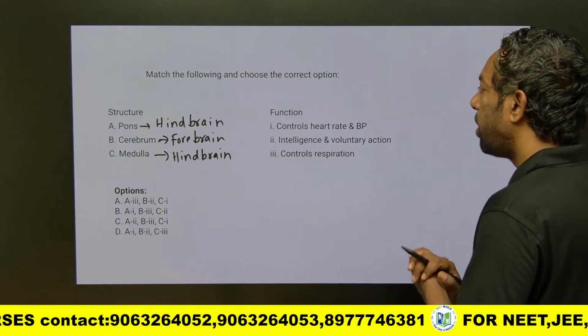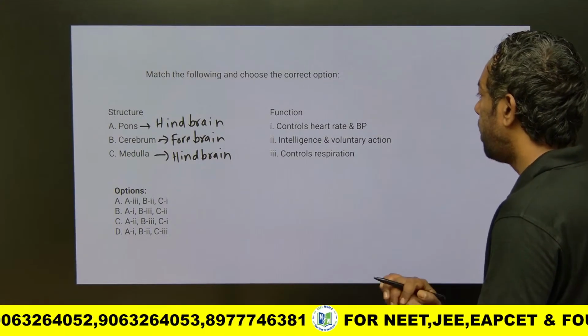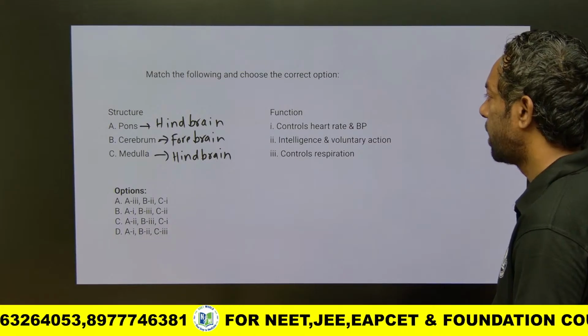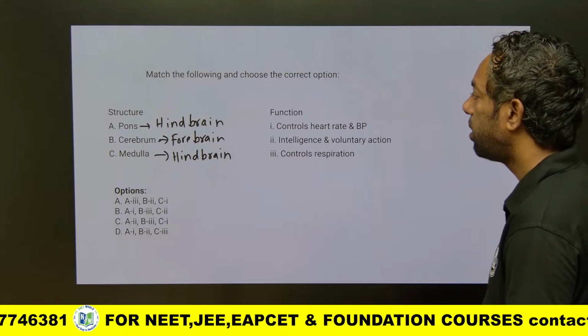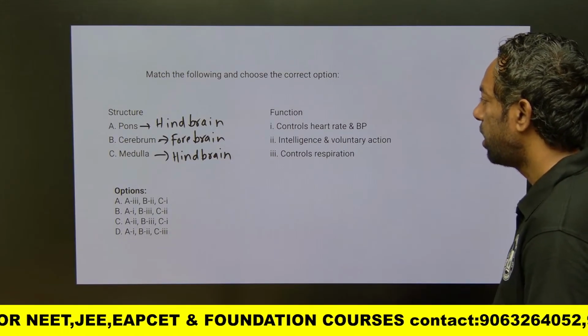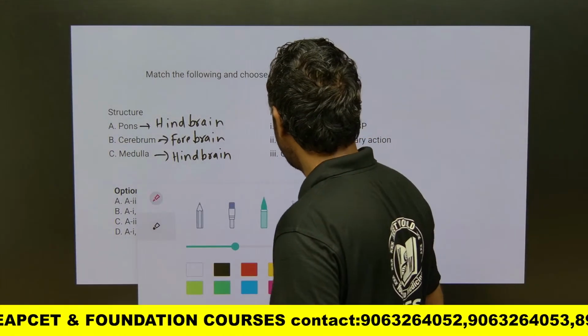Forebrain, what can it control: heart rate or intelligence, voluntary actions, control of respiration? Heart rate, blood pressure, respiration control, and intelligence, voluntary. Guys, just look here, very easy.